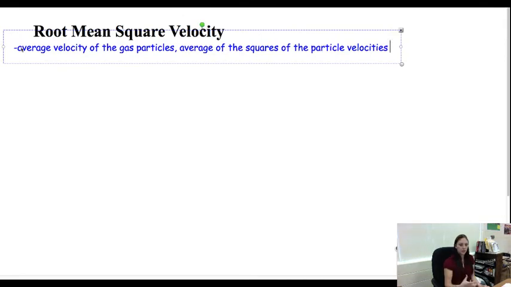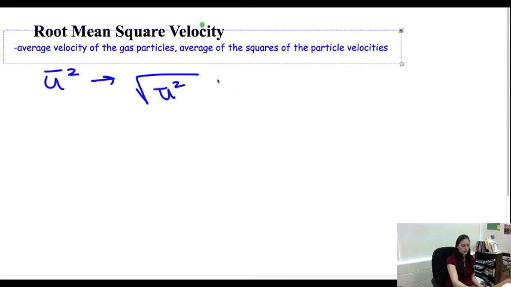It's the mean, the average, of the squares. It's often denoted as u squared, and the root mean square is the square root of this mean square velocity. It's often written as RMS, root mean square.